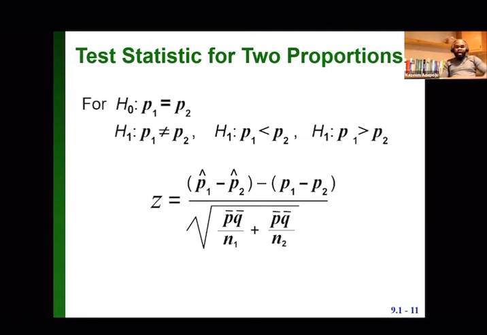Now, if we want to conduct hypothesis testing on proportions, take a look at this. You remember the other time I told you there are three symbols the null hypothesis can have. It can have less than or equal to, greater than or equal to, or equal to. And there are three symbols the alternative hypothesis can have.